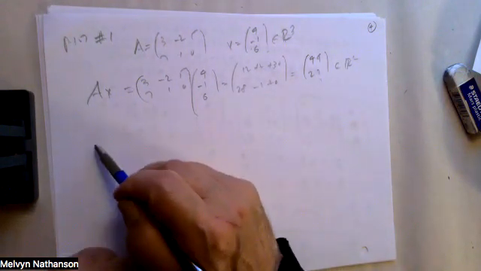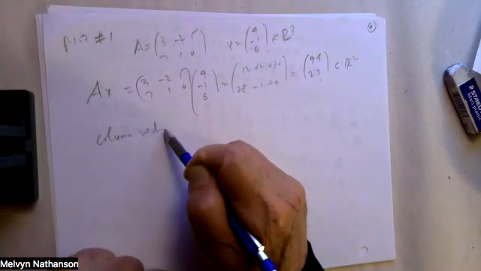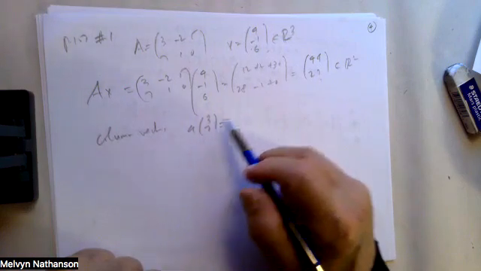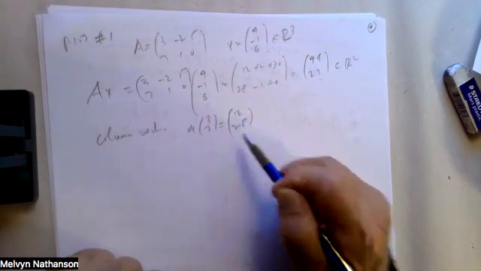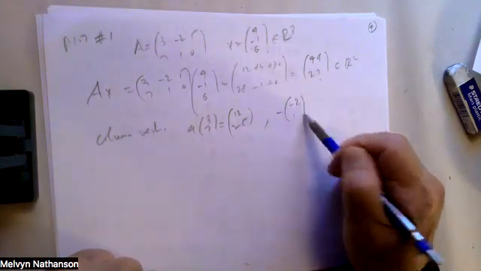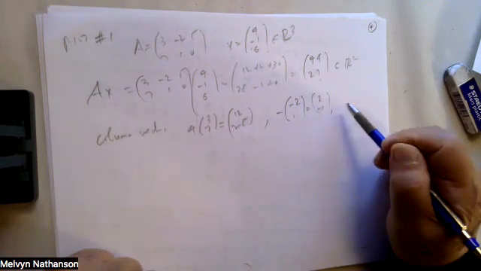What are the column vectors? 4 times (3, 7). Just take a vector and multiply it by a scalar: you multiply every coordinate by the scalar. Minus 1 times (-2, 1) is (2, -1).